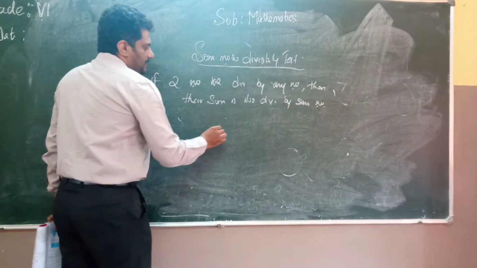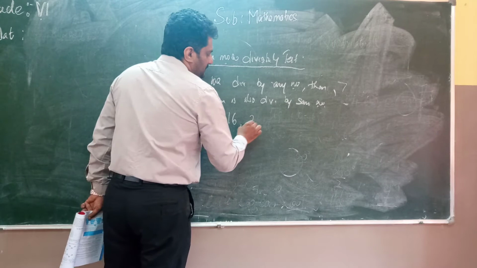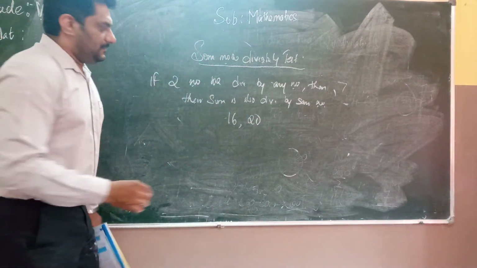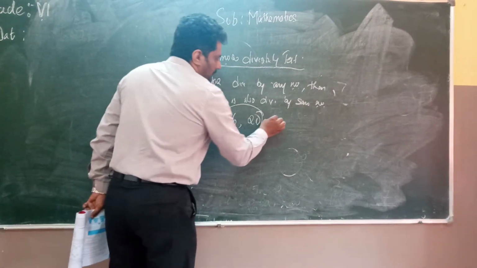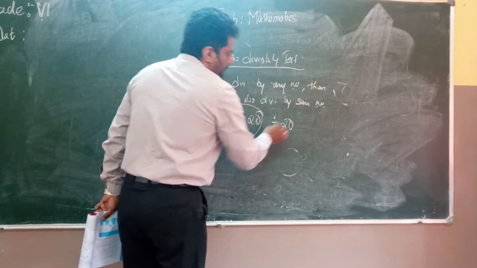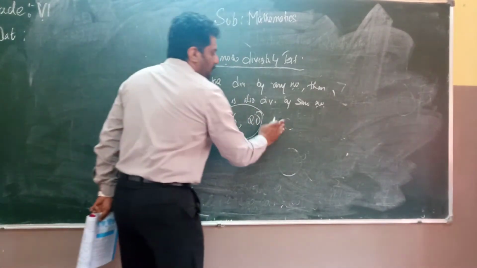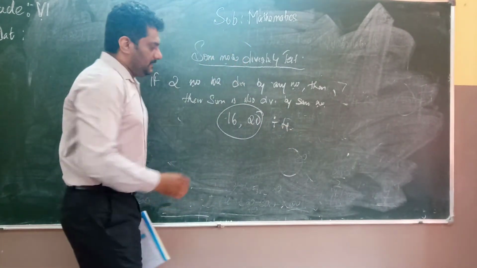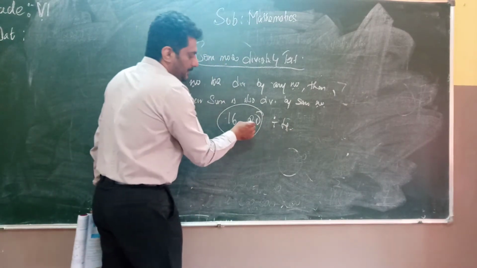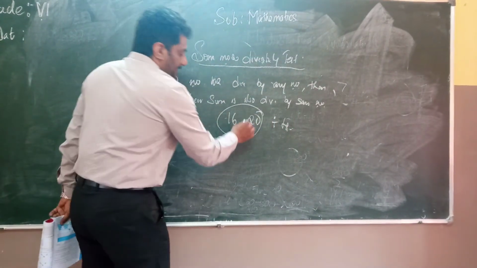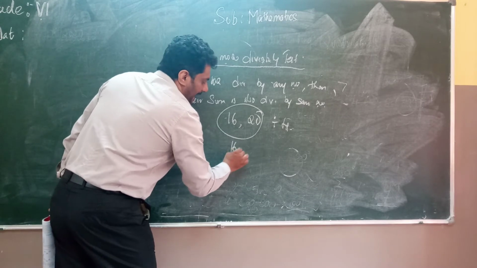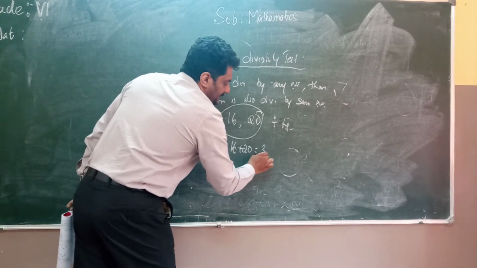I have 16 and 20. These two are divisible by 4. 16 is divisible by 4, 20 is divisible by 4. If you add these two, you get 36.